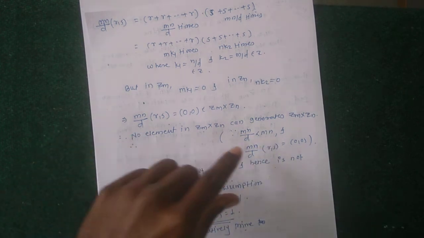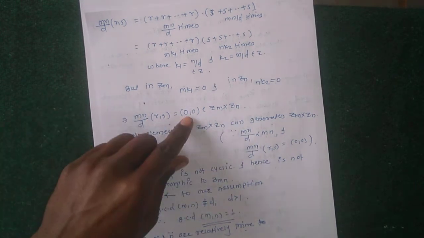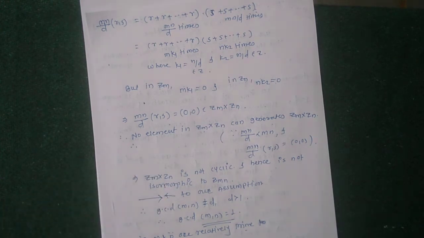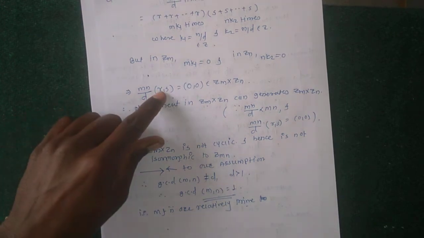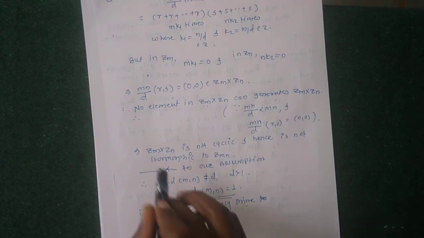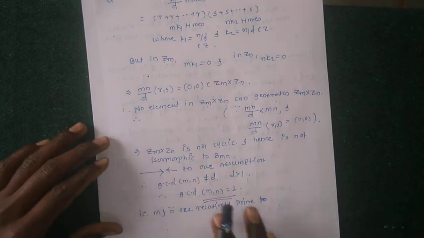So when GCD of m and n is not equal to 1, Zm cross Zn has no generator when GCD is greater than 1. This is a contradiction to our assumption.